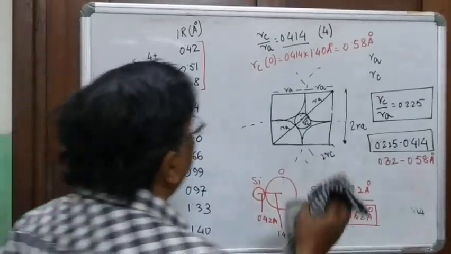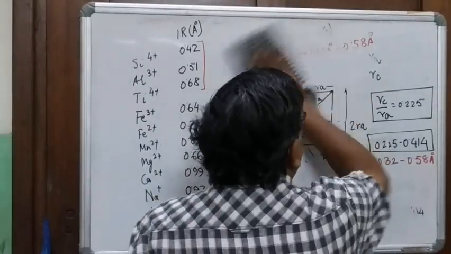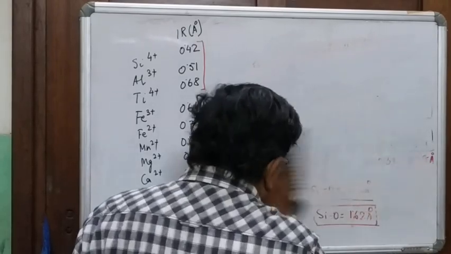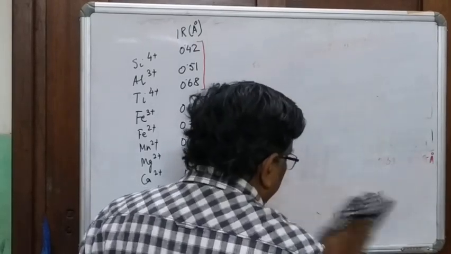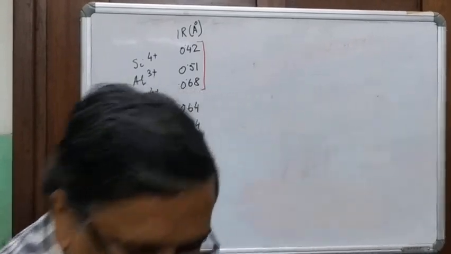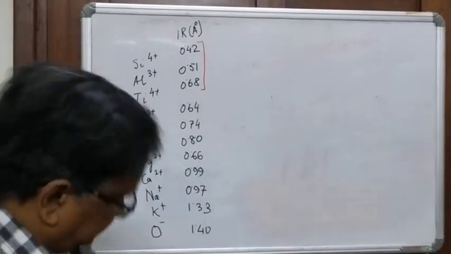Now, let's do one thing. Let's change the coordination number. Let's say we take a cube.